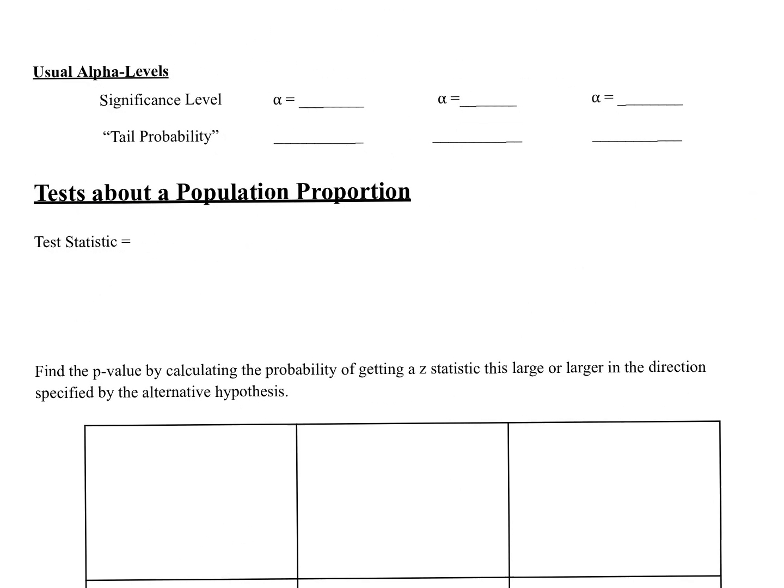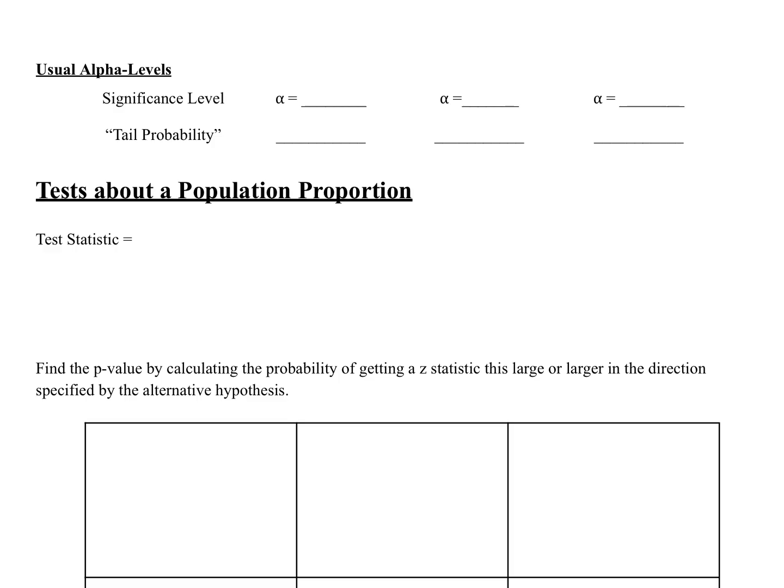So there are three very common significance levels: 0.01, 0.05, and 0.10, which, if you think back to the normal curve and the area above or below a critical value, means the area being 1%, 5%, or 10%.